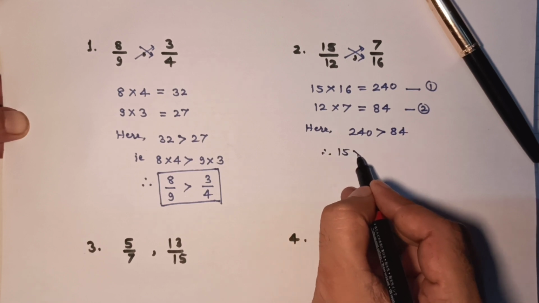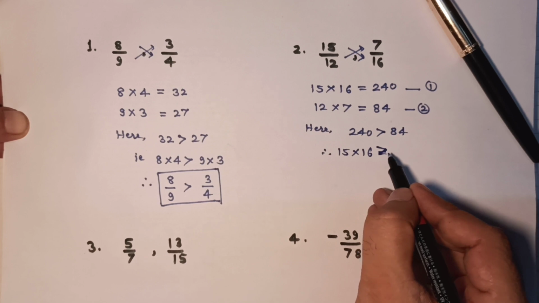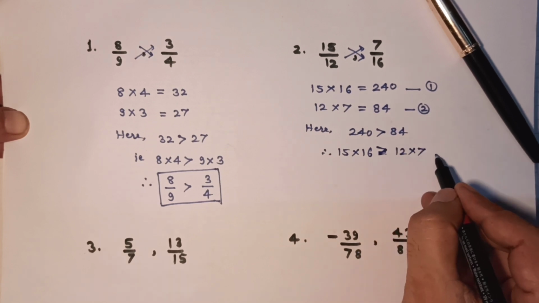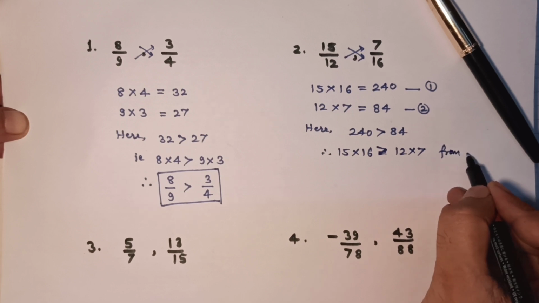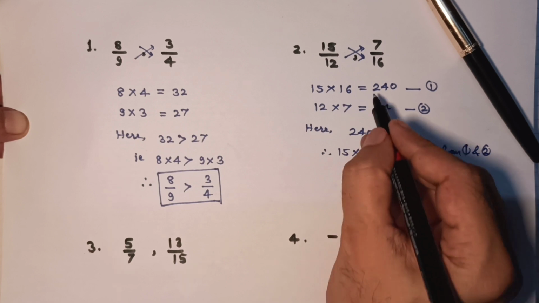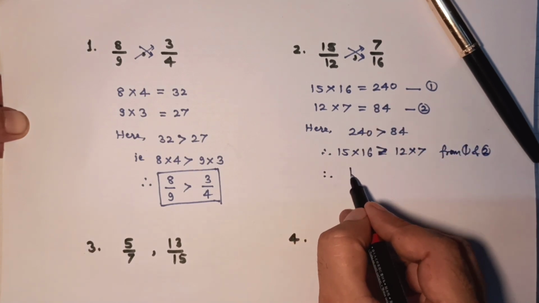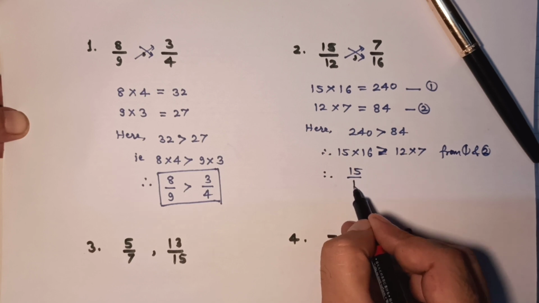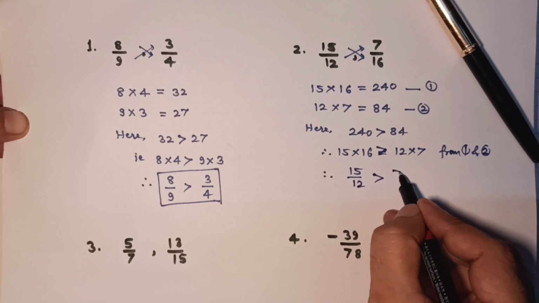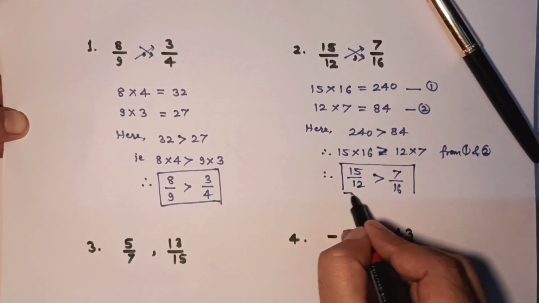Therefore 15 into 16 is greater than 12 into 7. From where did you get it? From 1 and 2. This is 1, this is 2. Therefore 15 upon 12 will be greater than 7 upon 16, which is your answer.